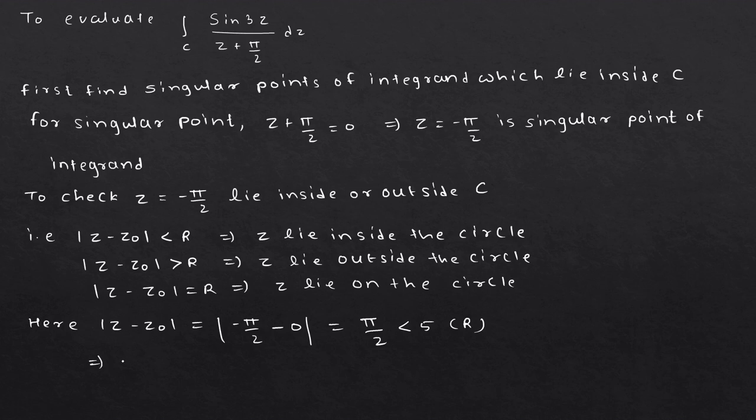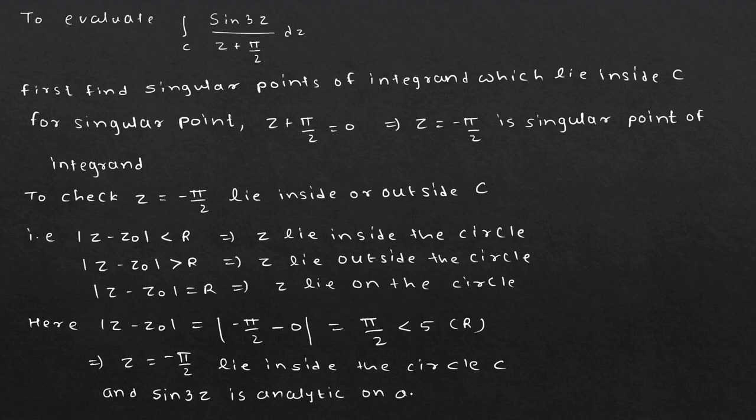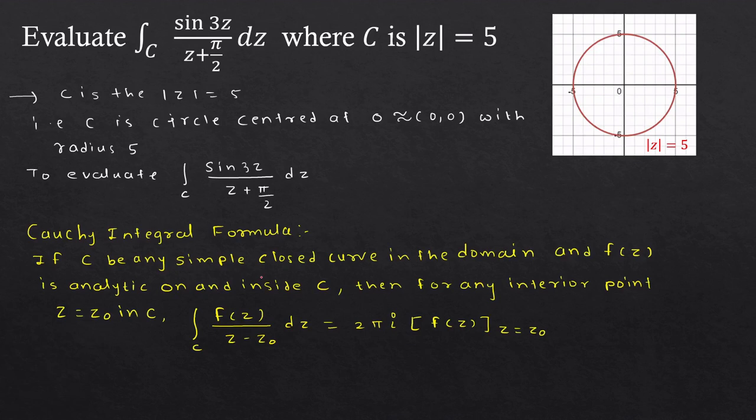So this implies z equals minus pi by 2 lies outside, sorry, it lies inside the circle C. And here sine 3z is analytic on and inside C, because in this circle sine z is analytic on the boundary and interior part also.